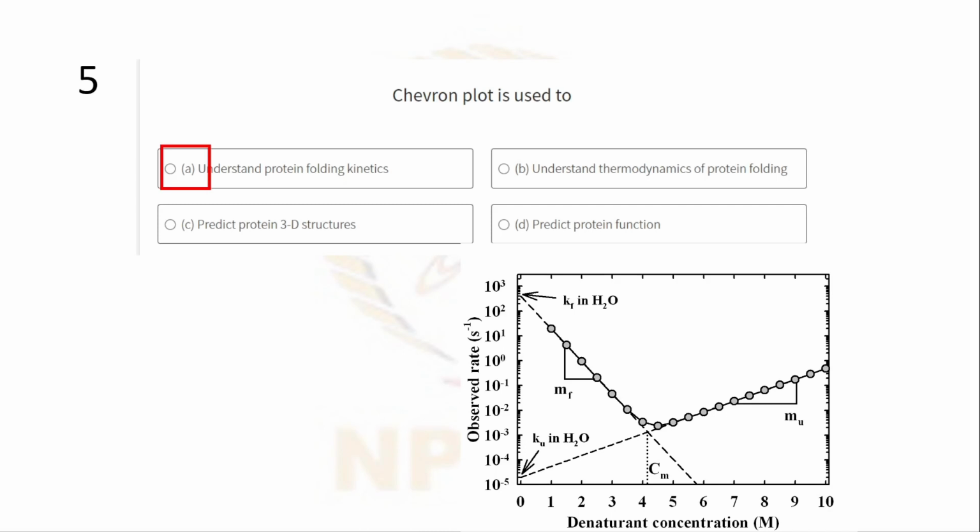So in denaturation experiments, I'm not sure about globular proteins, but it is observed that around 50% of the secondary structure stays intact in transmembrane proteins.